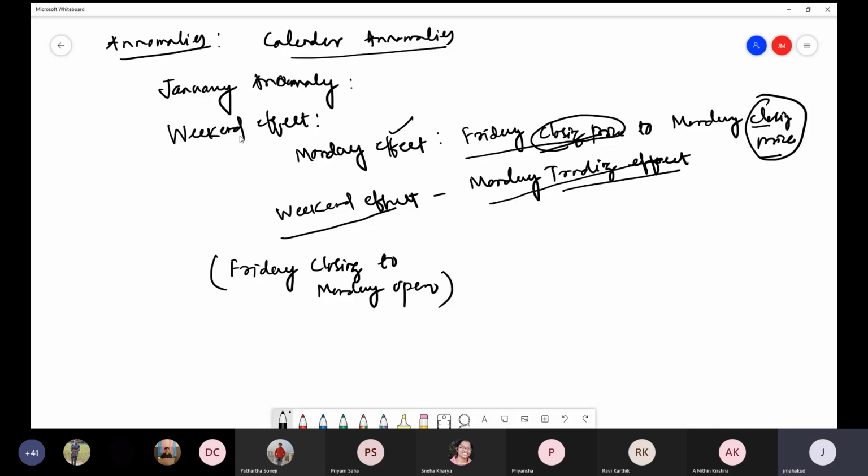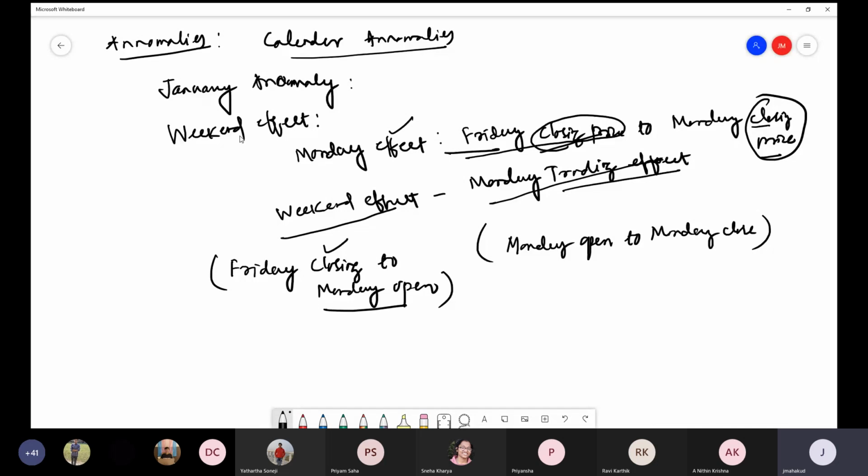And the Monday trading effect is basically the Monday open to Monday close. So the negative Monday effect actually occurs from the Friday close to Monday open. The negative effect is reflected from Friday closing to the Monday open.